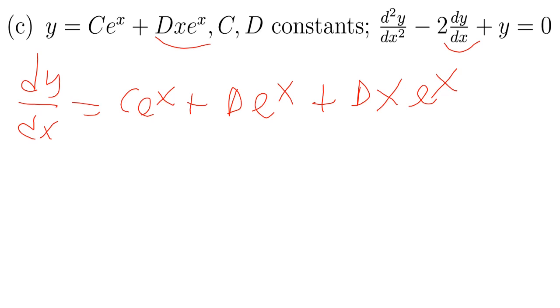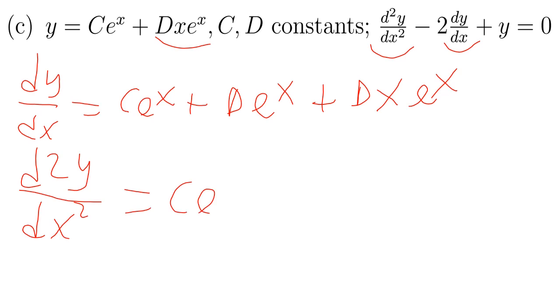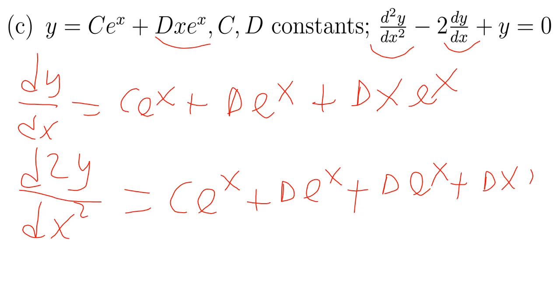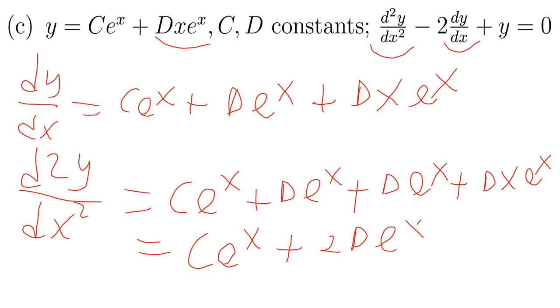Essentially, for you to be able to have the replacement for d squared y dx squared, you must differentiate dy dx to obtain a second derivative. So differentiating dy dx to obtain d squared y dx squared, you obtain c e to the x plus d e to the x plus d e to the x plus dx e to the x, which essentially is equal to c e to the x plus 2d e to the x plus dx e to the x.